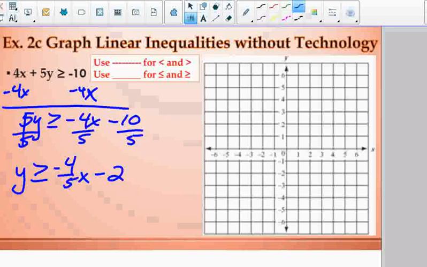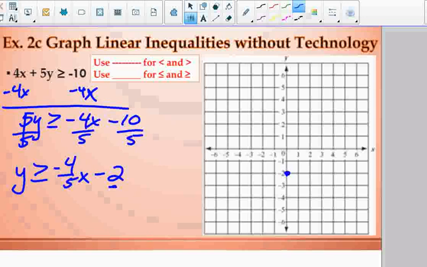Now I can plot my points on my coordinate plane. So again, my first point is my y-intercept, which is negative 2. So I'm going to go to my y-axis and put a point at negative 2. Now I'm going to use my slope to find my next point. Since it's a negative slope, I know it's going down from left to right.